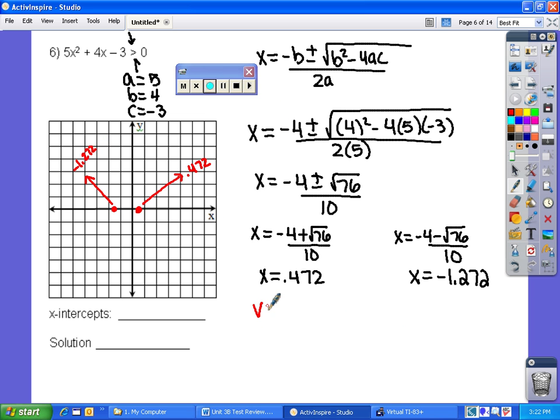So your vertex is -b over 2a, which is negative 4 over 10, which is negative 0.4. Now you're going to take that negative 0.4 and replace it in for x in the original problem.